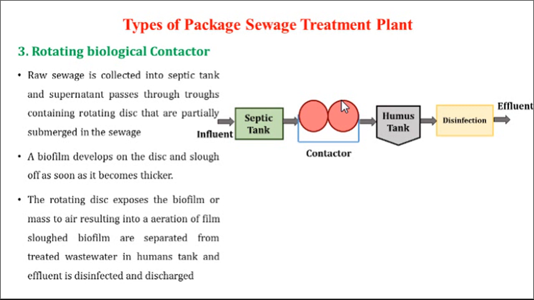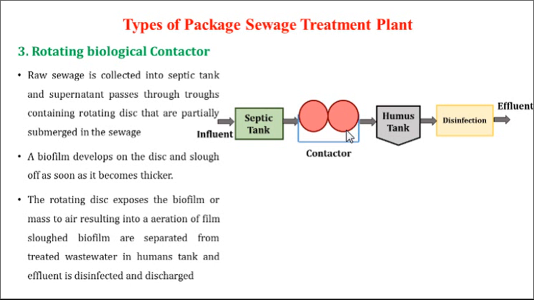A biofilm develops on the disc and sloughs off as soon as it becomes thicker. The biofilm gets attached to the disc, and the microorganisms attached to it come in contact with the sewage and attack the organic matter, so that decomposition of organic matter takes place.